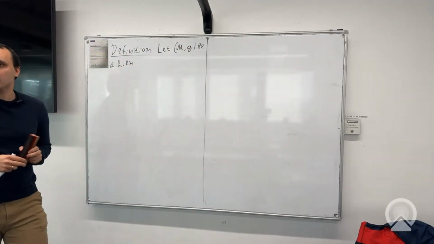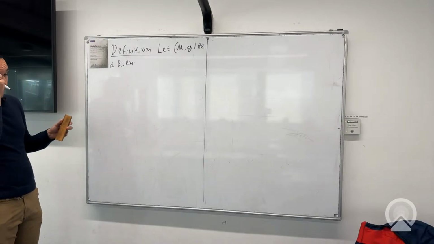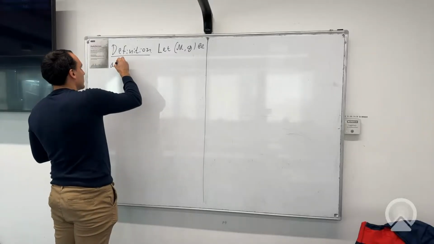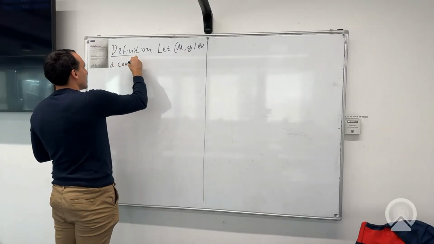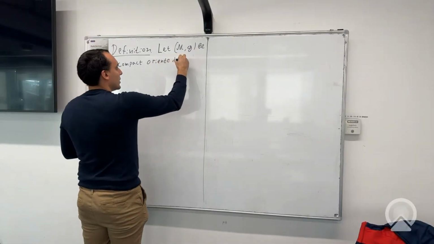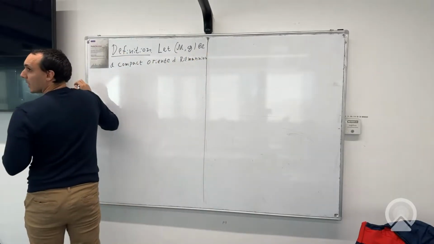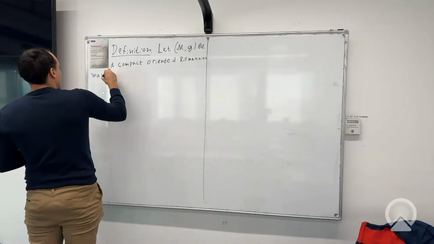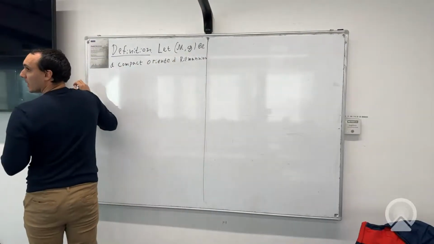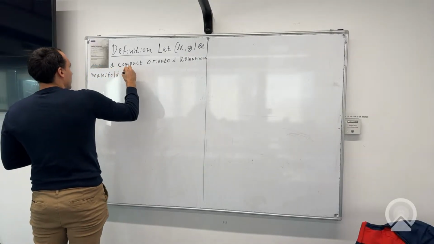I said compact sets a few times ago, but it's a closed and bounded set, something like a sphere or a closed ball. And also oriented. So a compact, oriented Riemannian manifold of dimension D.